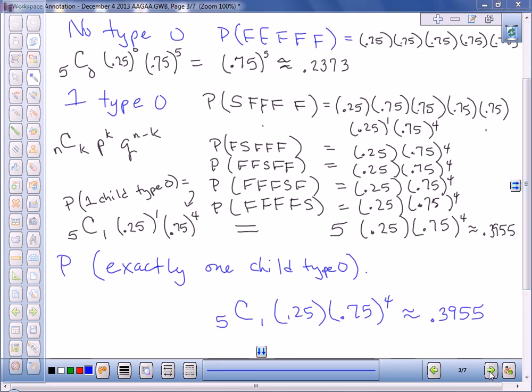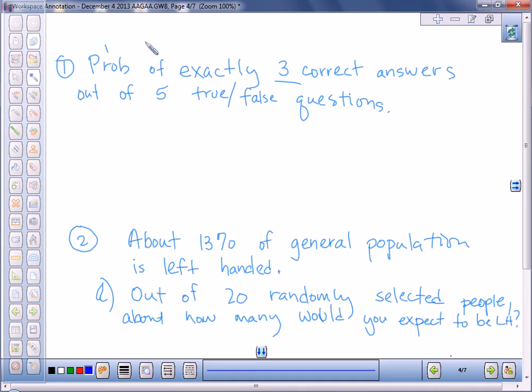Okay, here's a scenario. You're asked to find the probability of getting exactly 3 correct answers out of 5 questions on a true-false test. First of all, does it pass muster? Is this a binomial experiment? Yes, it is.